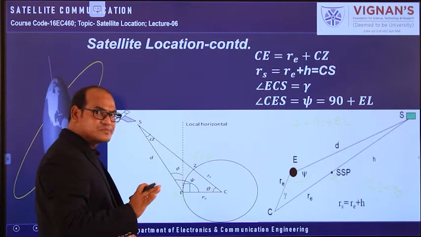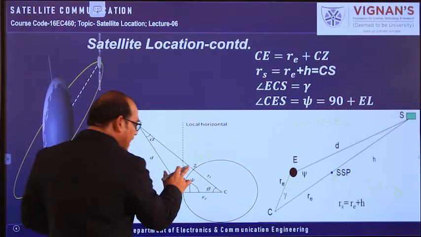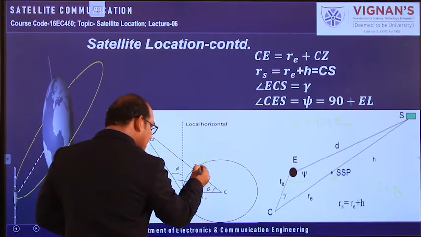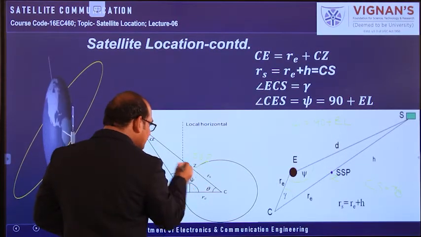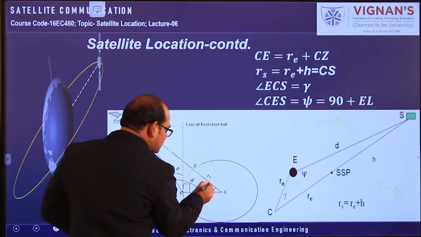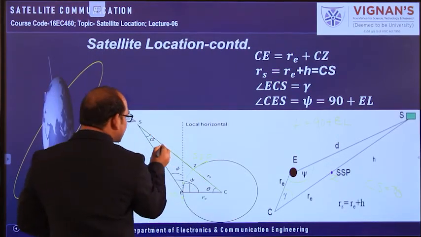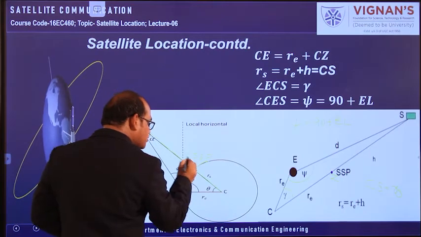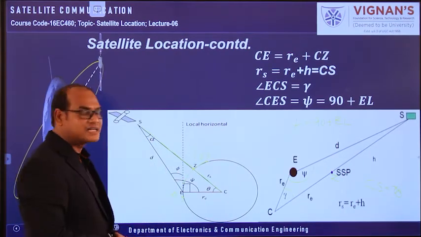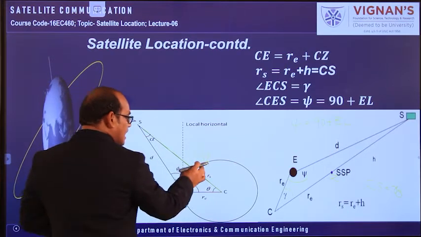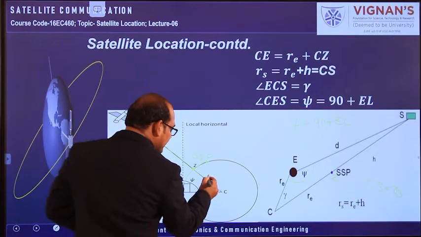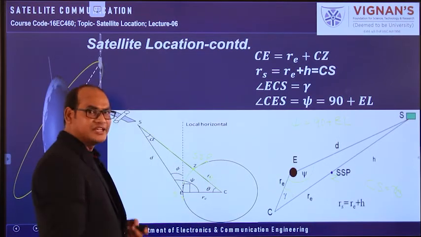The definition of the subsatellite point is, it is the point of intersection of this earth curvature, this is the earth surface, with the line joining the centers of the earth and the satellite. This line and this earth curvature make this intersection point, that is a subsatellite point. Here we can represent it with Z. And this CZ is also the earth radius only, that can also be represented with RE only.